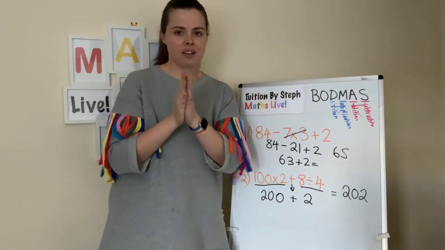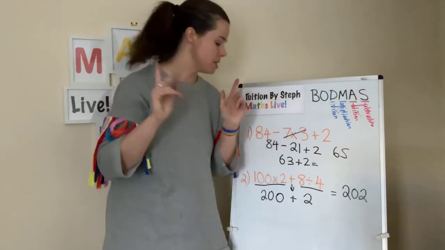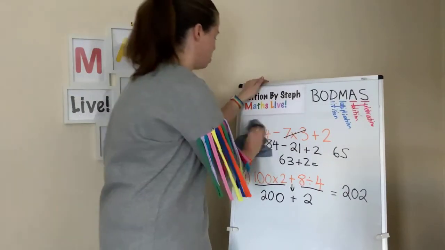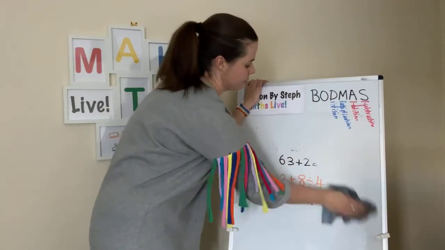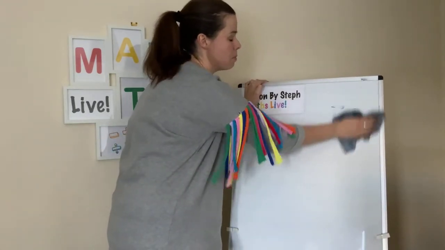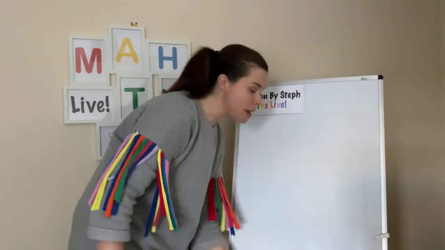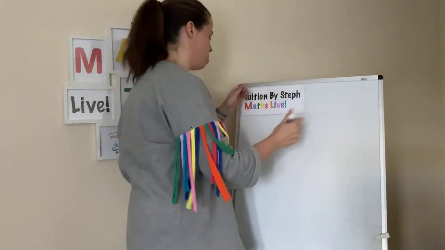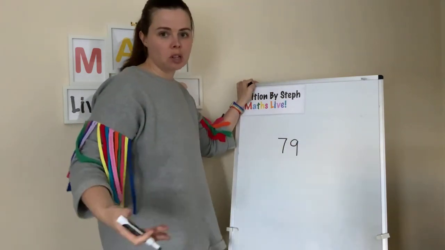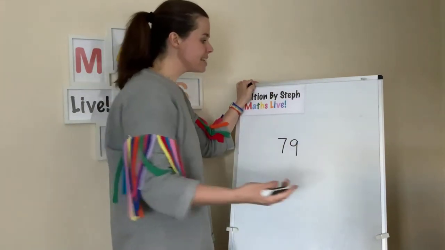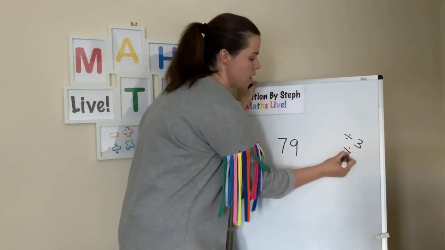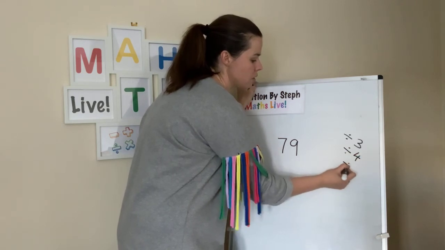I just want to make a correction from yesterday's lesson. Thank you to the parent that brought this up. I said that if you're trying to find a prime number, and it's a big number, say 79, which could be beyond a lot of our times tables, the easiest way is to try and divide it by 3, 4, or 7.